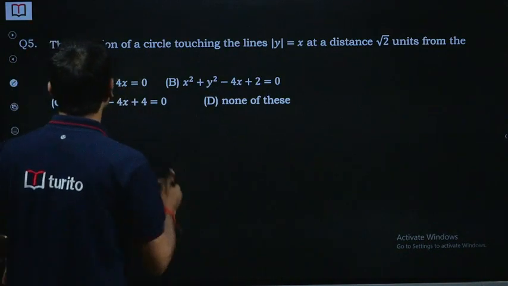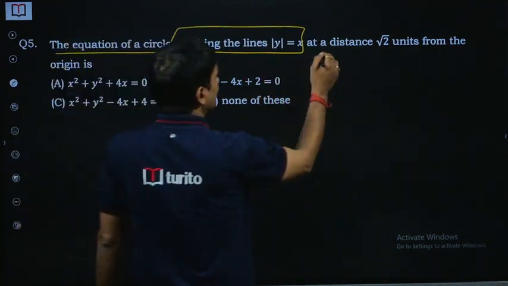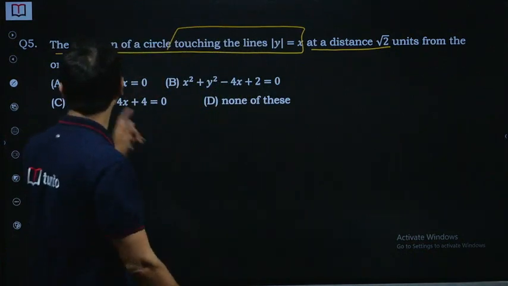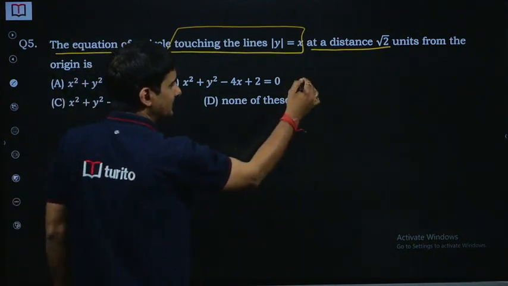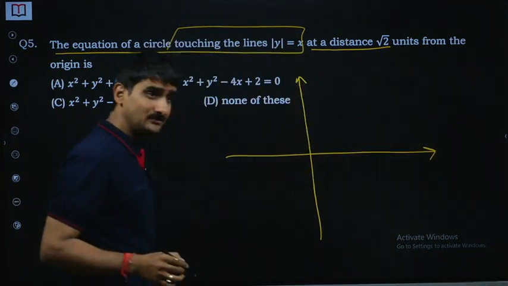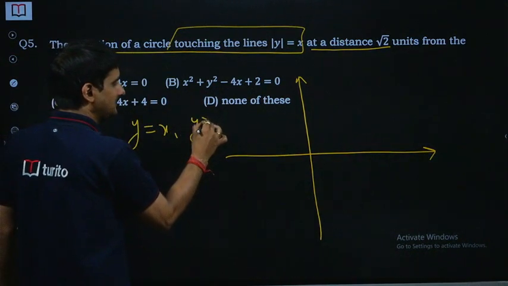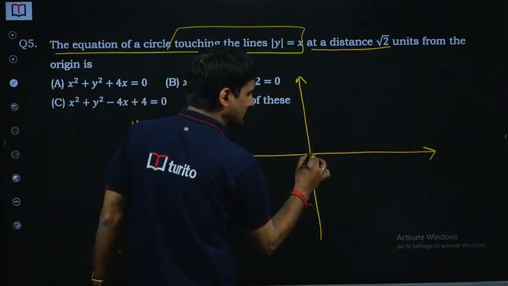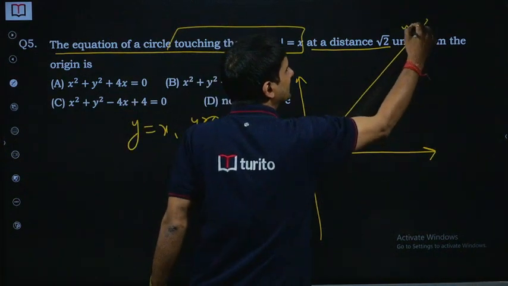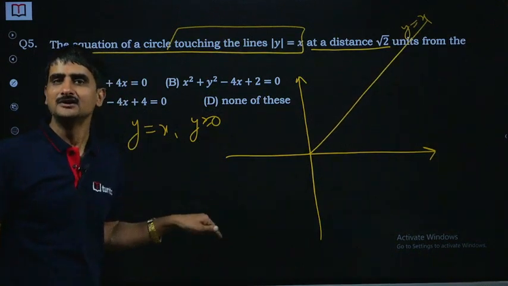Now moving to the fifth question: the equation of a circle touching the line at a distance root 2 units from the origin is... So how do we draw the curve of mod y is equal to x? You can draw it by using two cases. It's y is equal to x when y is greater than or equal to 0, because you have to consider only that part for which y is positive.